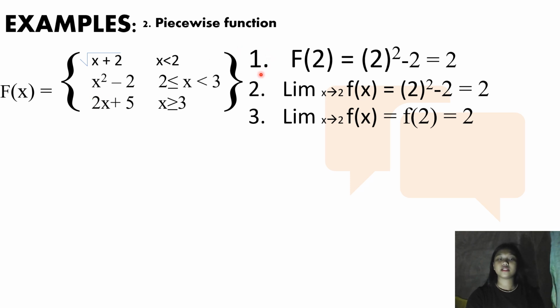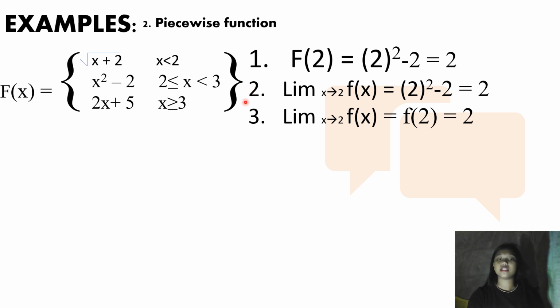The first condition is that we must identify f of x, or here we can identify it as f of 2. Now we substitute 2 for x, whereby we get 2 squared minus 2 is equal to 2, because 2 squared is equal to 4, and 4 minus 2 is equal to 2.